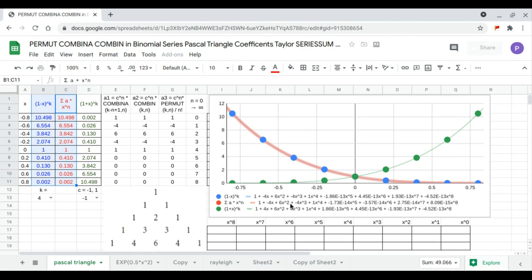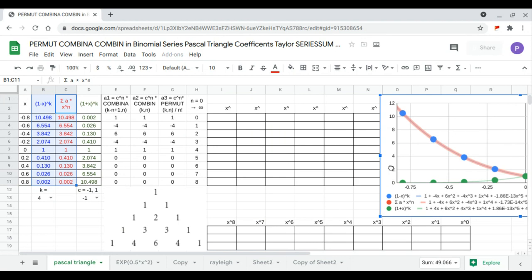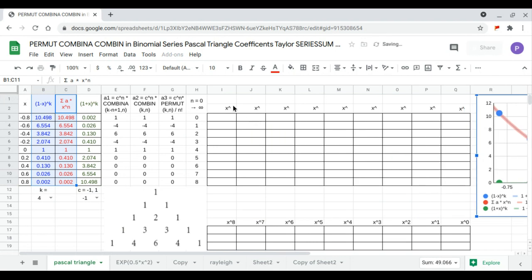Now we calculate the polynomial regression coefficients using Linest. Let's prepare the Linest matrix. This will be transpose 0 to 8.